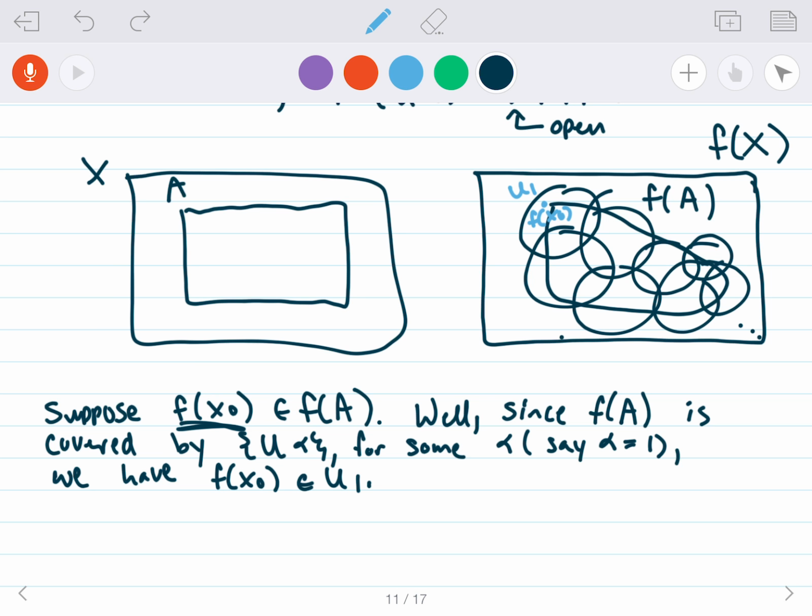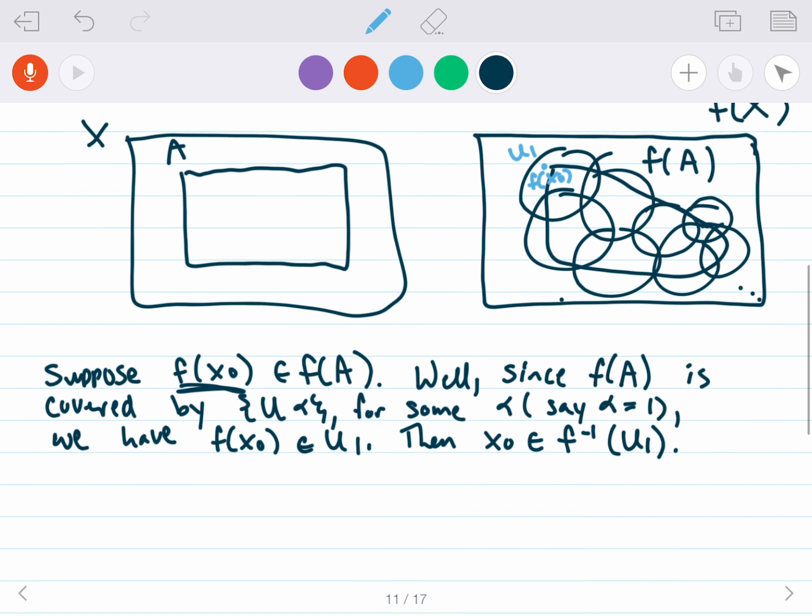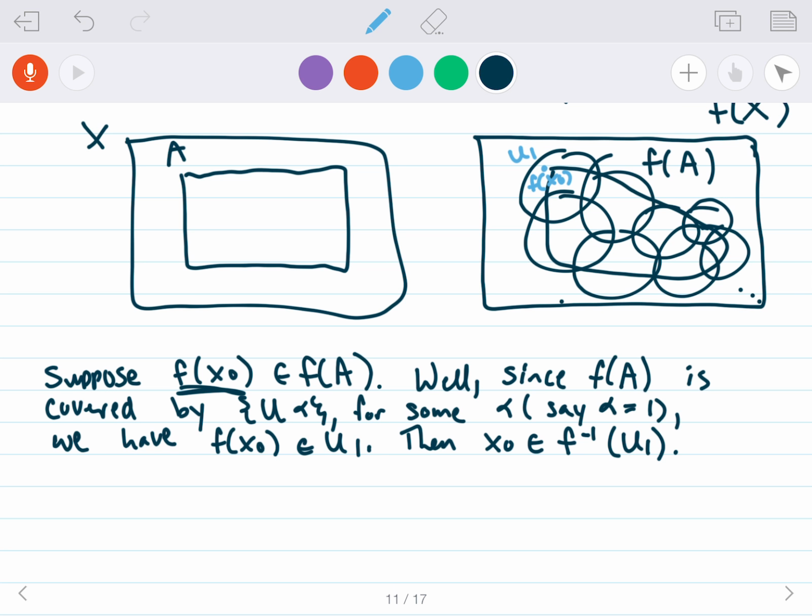So let's relate this back to the pre-image. Since this guy is in U1, what does that mean? Well, then x naught, just by definition of pre-image, is going to be in the pre-image of U1. And so what does that mean?